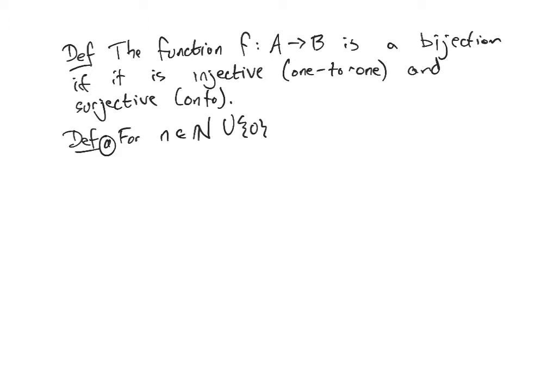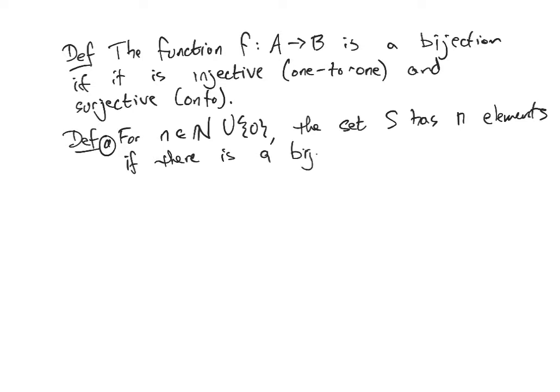Okay, so first we're going to define what it means for a set to have n elements, which is kind of silly, but okay. The set S has n elements if there is a bijection between S and 1 through n.